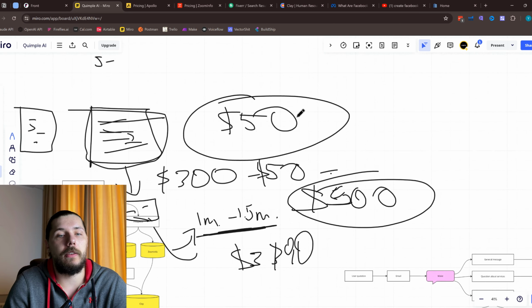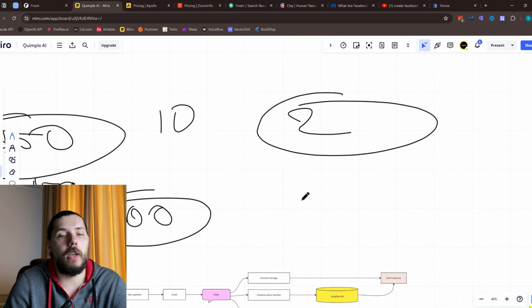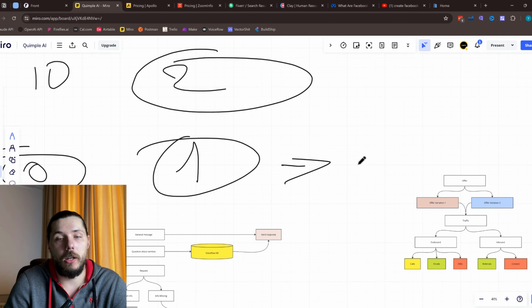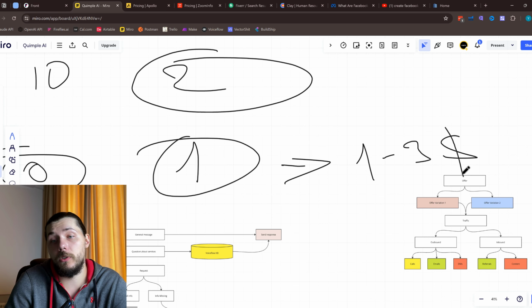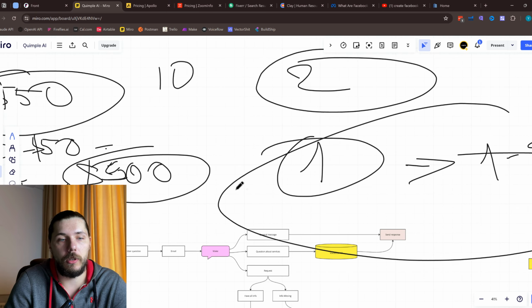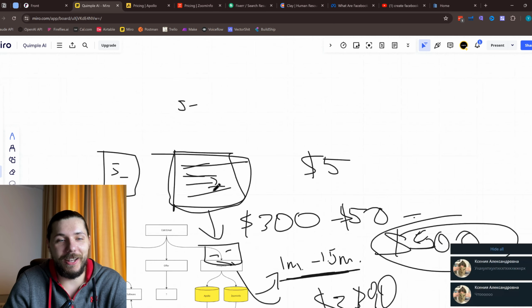If you convert, let's say, two, you build for them, and let's say one of them, 50%, agrees to pay you after that. So you get one client, and one client for, let's say, $1,000 to $3,000 for something like voice AI, very simple. Again, you can see what you can get. So it kind of does work, I think, but if your lead is going to be $300, it's probably not going to work.